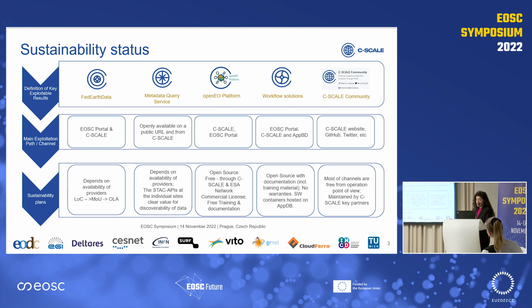But it's not certain yet which of these 8 providers will be able to commit to the sustainability plan. For that, we are trying to set up some letter of commitment, MOU, or OLA in the future, some relationship that shows commitment for the future from a certain provider.